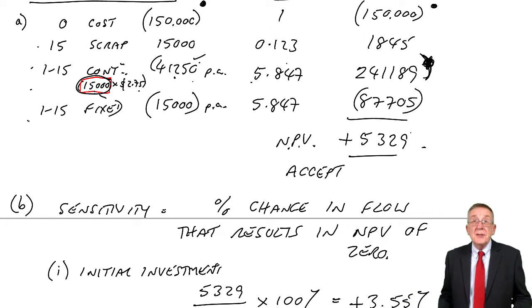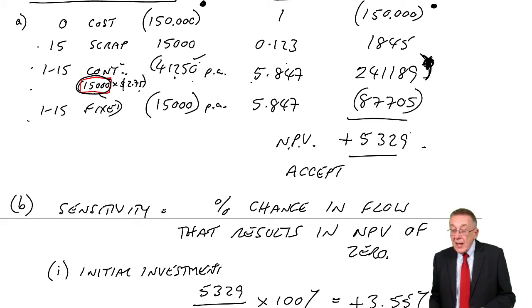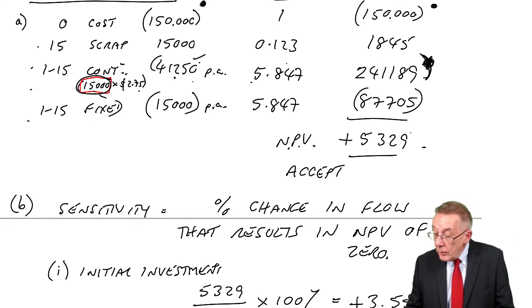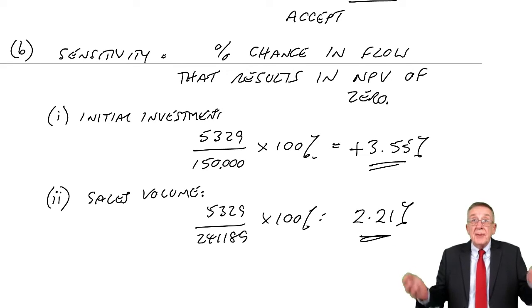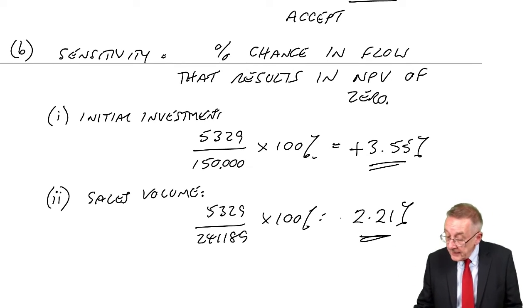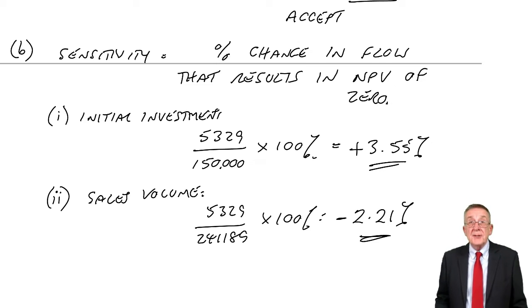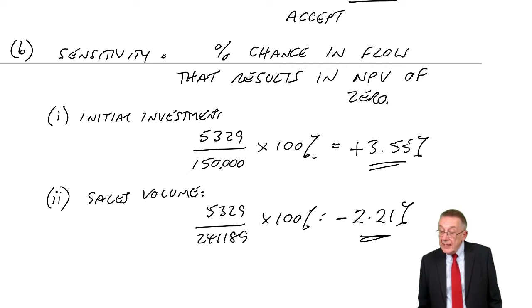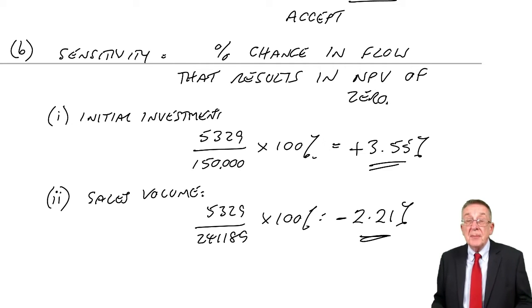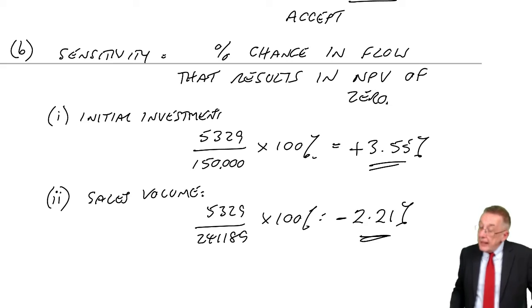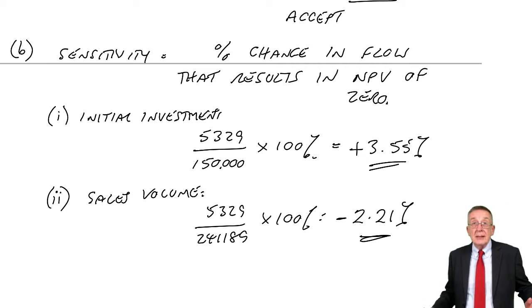The NPV would fall to 0. Again, be sure of direction. We're only concerned if the sales volume falls. If it goes up, the NPV gets higher. So strictly, there should be a minus sign. But what does it mean? We can afford our estimate to be wrong by up to 2.21%. If ever it fell by more than that, it's a bad project.